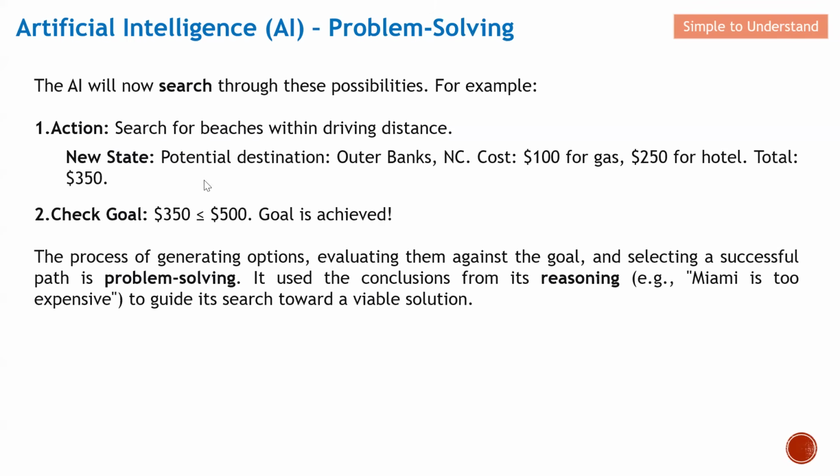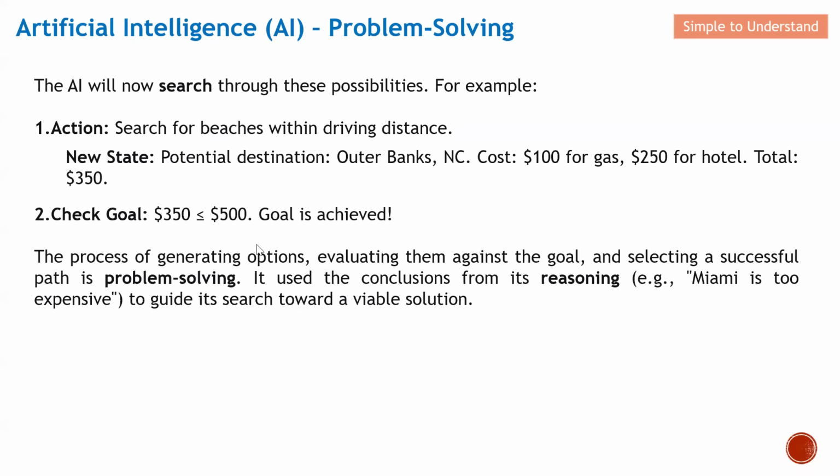Hence, you check your budget, and we will say that the objective is met. So this is your initial state, this is your final state, and when you move from your initial state to your final state, your goal is achieved. So we have solved the problem by using problem solving.